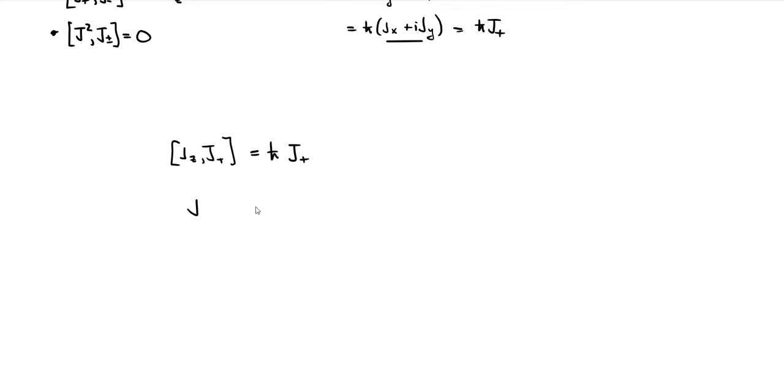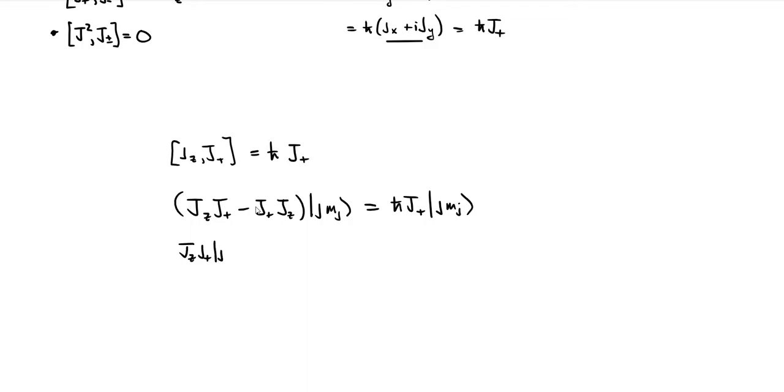So if we take Jz J plus minus J plus Jz and operate that on one of our eigenstates, |j m_j>, we should get the same thing that we got if we just operated h bar J plus on that same eigenstate. And if we do that, in gory detail here, acting on that would look like this.